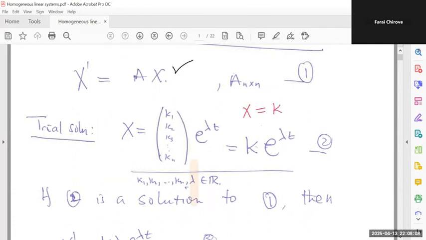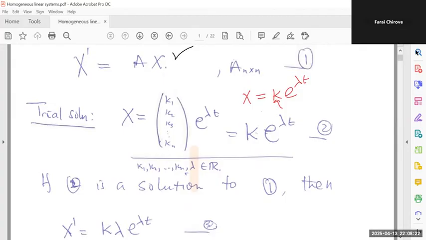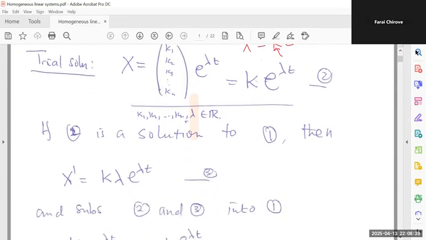So we now have this solution vector of the form k e to the power lambda t, where k here we'll call the eigenvector, and lambda is an eigenvalue. We say this is the trial solution and plug it back into the homogeneous system and find the vector k and the values of lambda that satisfy the system.